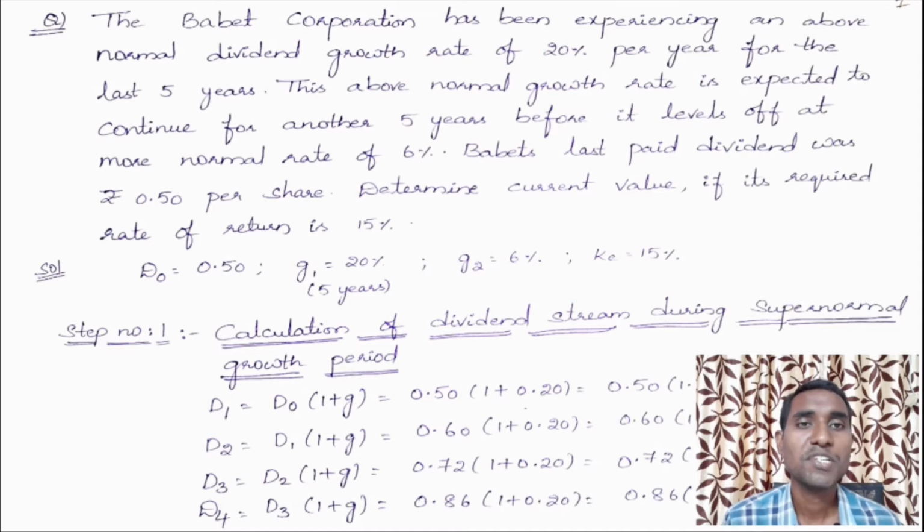So the given information is they have given D0, the last year dividend, 0.50. They have given two growth rates. One is for 5 years, that is 20%. We assume that to be G1, supernormal growth rate. And second, we have G2, that is 6%. And the cost of equity is 15%.